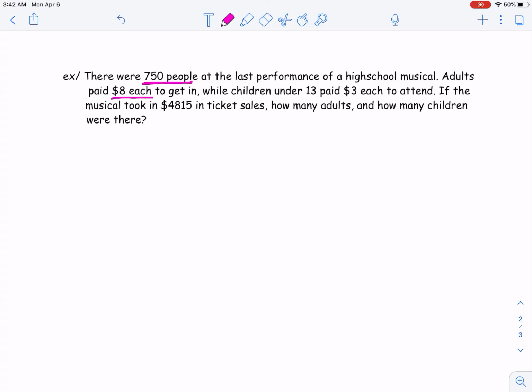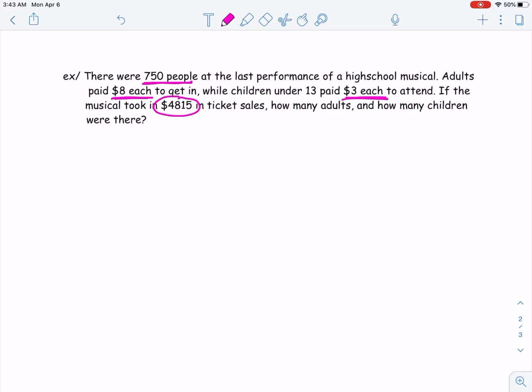Adults had to pay $8 each, and children under 13 had to pay $3 each. The musical took in a total of $4,815 in ticket sales. How many adults and how many children were there?